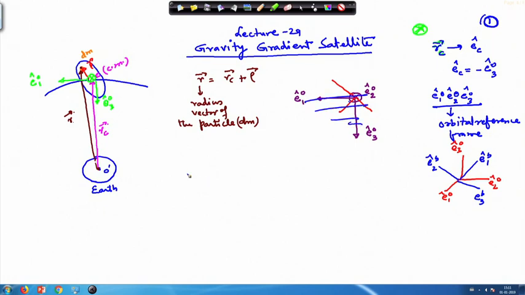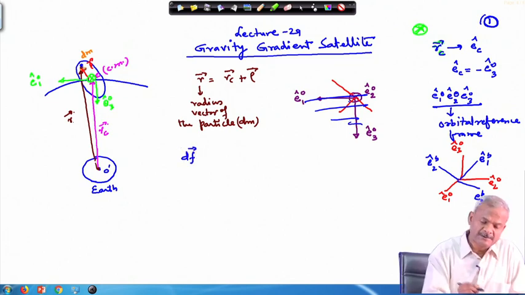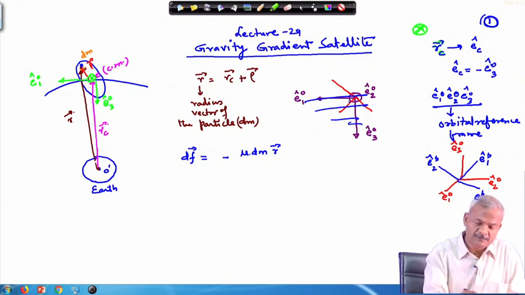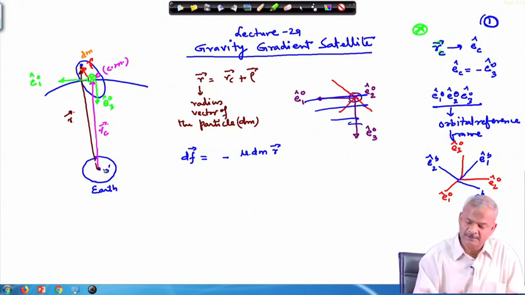Okay. With this, we wrote the force acting on this small particle, which is at this point: d f equal to minus mu times d m times r, which is the radius vector of this point from the center of the earth, divided by r magnitude whole cube.